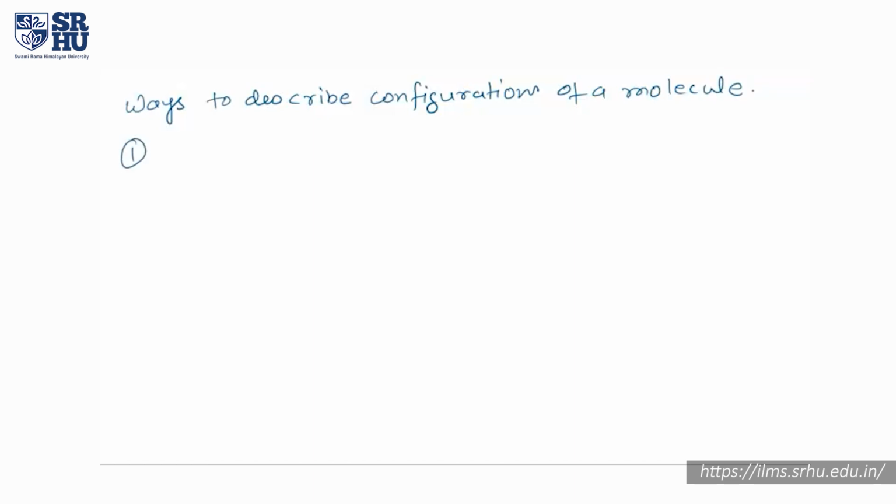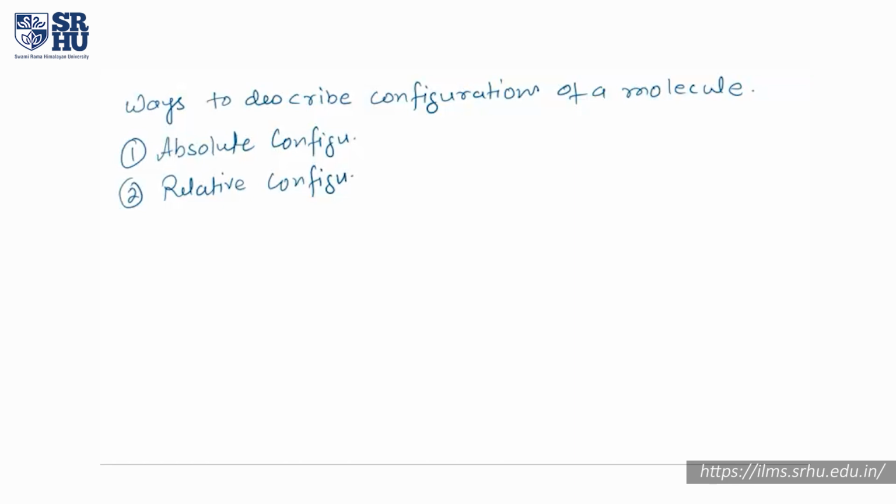First of all, there is an absolute way, which is known as absolute configuration, and the second is relative configuration. We must know what these two mean.